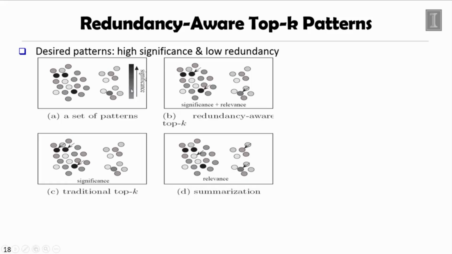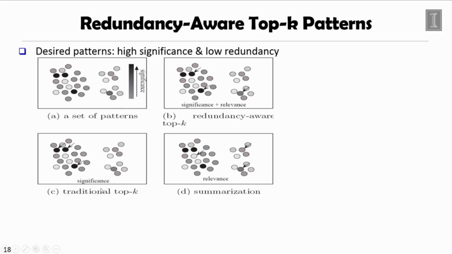Let's look at these four different kinds of compression, A, B, C, D. Actually, A is the set of original patterns. The clusters show their pattern distance, and the darker color shows it's more significant, while the lighter shows it's less significant. In this bigger cluster, there are three patterns that are quite significant.